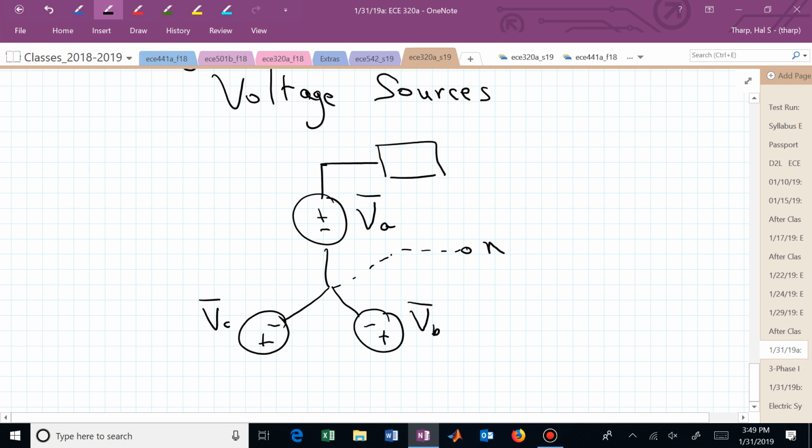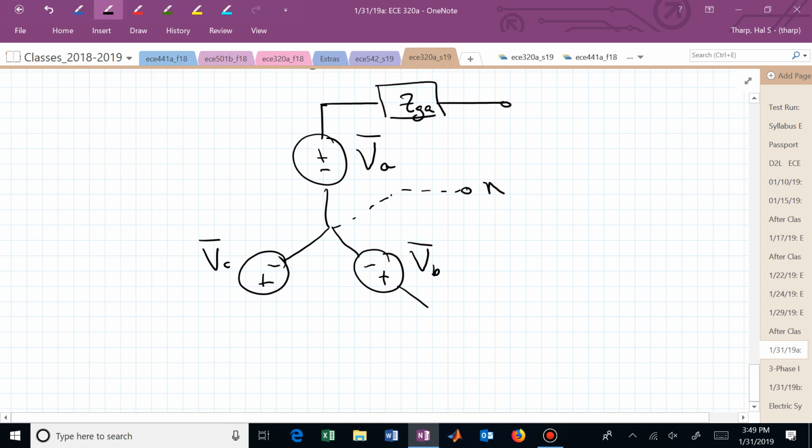We can put an impedance in here. Let's say Z sub GA. Maybe here we have Z sub GB, with a G. That's our generator impedance in the B phase, and here we have Z sub GC.